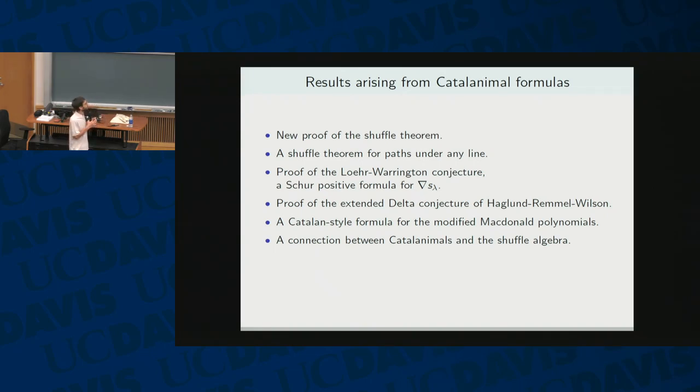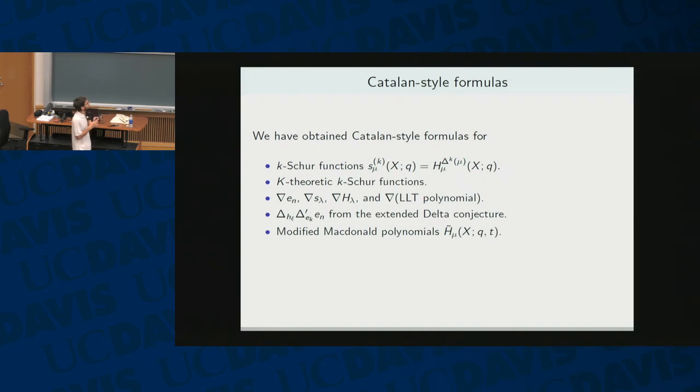Okay, so now I want to just go over some of the things that we were able to find using this idea of taking some objects that involve a product over positive roots and then altering that set of positive roots to be over just certain root ideals. So, we talked about these K-Schur Catalan functions. There's also a K-theoretic version of this construction.